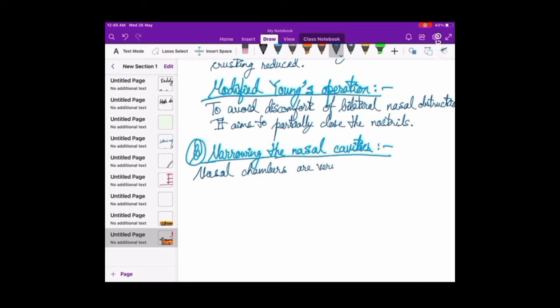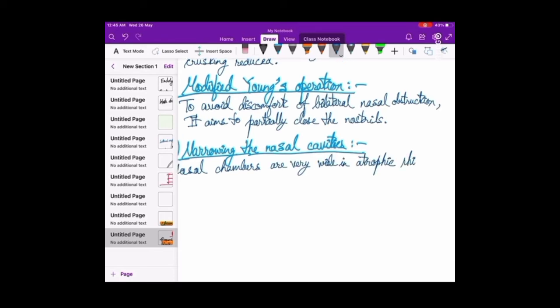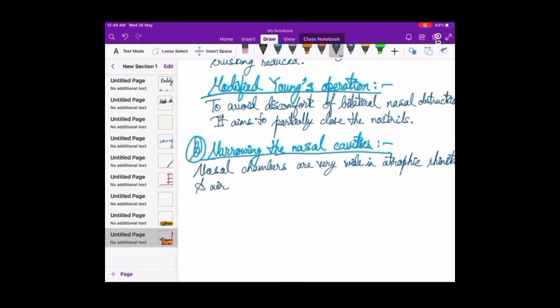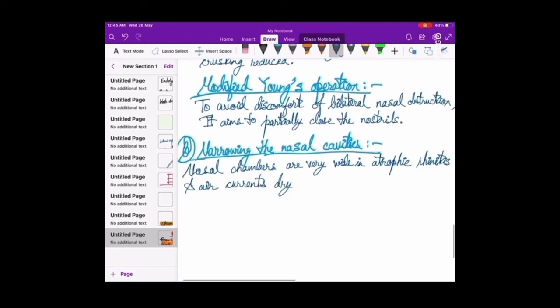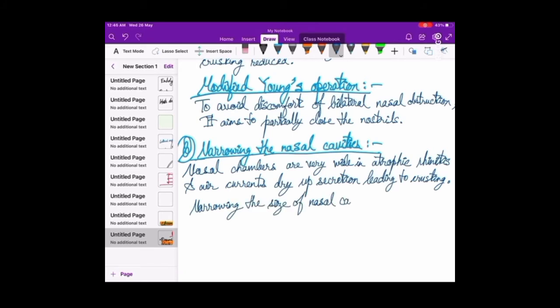Nasal chambers are very wide in atrophic rhinitis, and air currents dry up secretion, leading to crusting. So narrowing the size of the nasal cavities helps to relieve the symptoms.